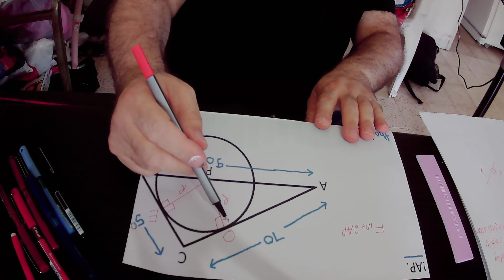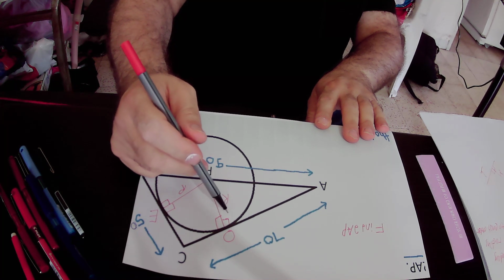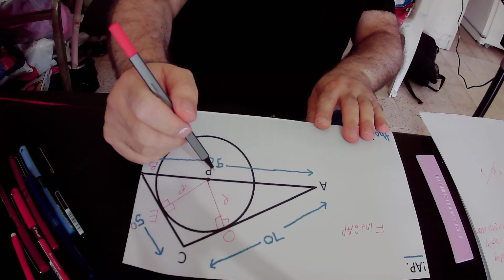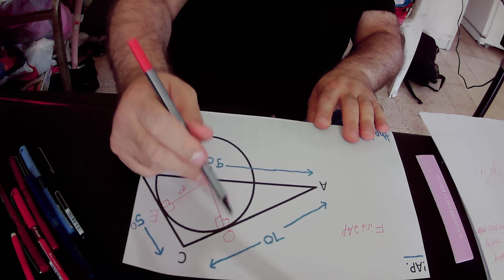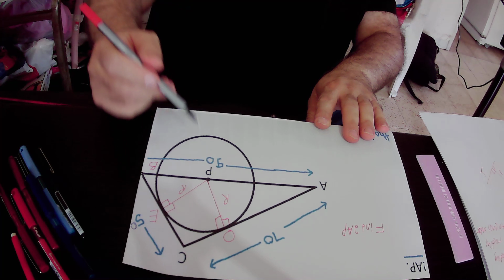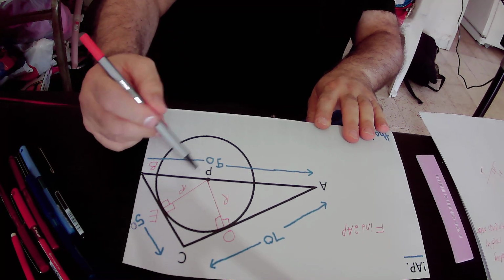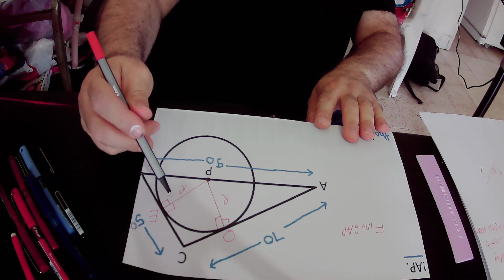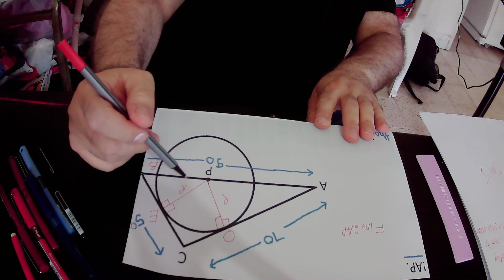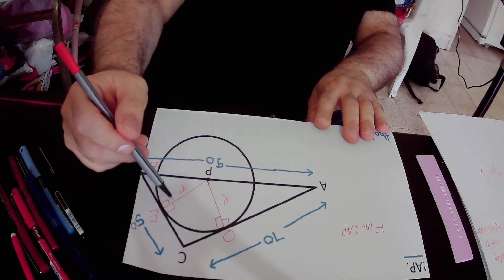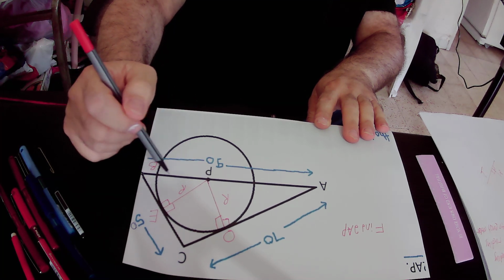For this reason, the radius is perpendicular to the tangent, that is to say angle POA equals 90 degrees, and also angle POC equals 90 degrees. And also radius PE and the tangent CB are perpendicular to each other. That is to say angle PEC equals 90 degrees, and also angle PEB equals 90 degrees.